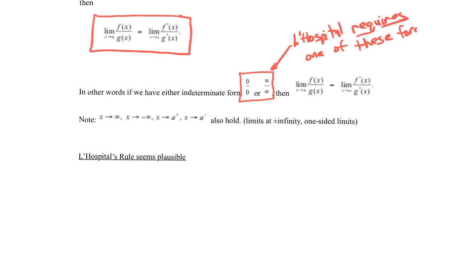Remember, there are 7 indeterminate forms. For us to use L'Hopital's rule, we need one of these 2. And if that's the case, then this rule applies.